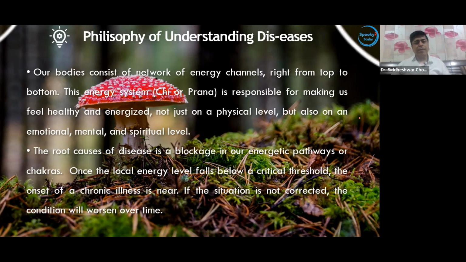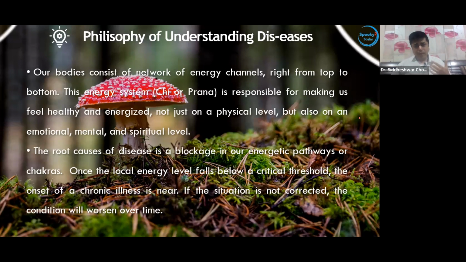It can help us at every level: spiritual, mental, emotional, physical. It is a pure harmony. The root cause of disease is a blockage in our energetic pathways or chakras. As I said just now, due to some conflict, due to some rigid belief in our body, I am a healer first, right?